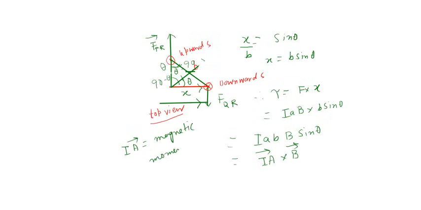So IAB sine theta is actually IA cross B, where A is the vector representing the direction of the normal to the area, and B is the direction of the magnetic field. So this is actually the torque acting on a current carrying loop.